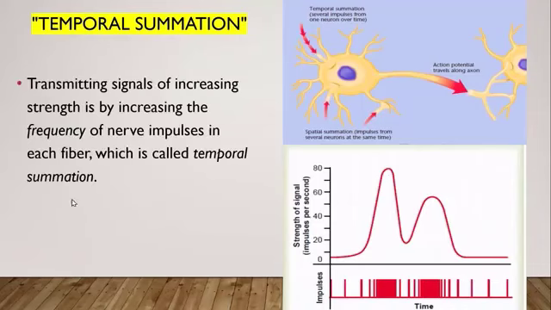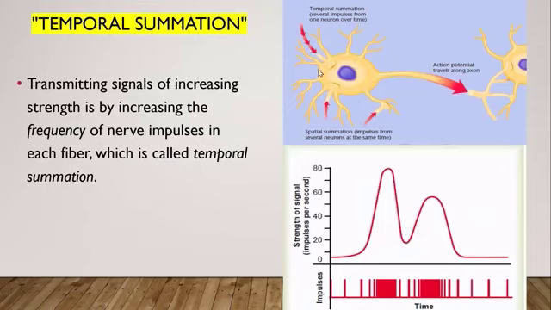Now temporal summation. Transmitting a signal of increased strength by increasing the frequency of nerve impulses in each fiber is called temporal summation. Suppose we have this one fiber, and this one fiber is making a synapse with the postsynaptic neuron.